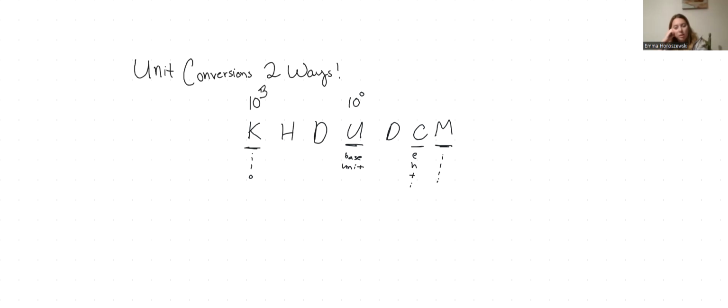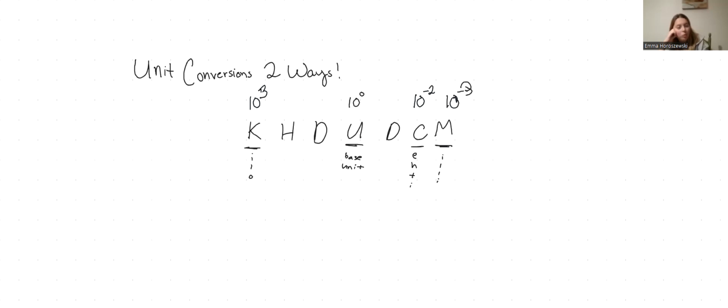Centi is going to be 10 to the negative second, and milli is going to be 10 to the negative third. It's really hard to use a writing pad when you're a lefty. Okay, I'm sorry that that is the most atrocious three in the whole wide world.